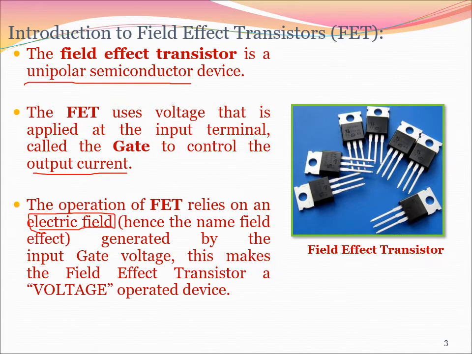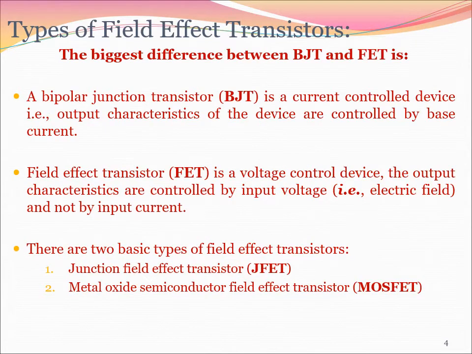That is why its name is field effect transistor, because you are actually using a field to control its output current. So the biggest difference between BJT and FET is that BJT is a current controlled device while FET is a voltage controlled device. We can also say that it is an electric field controlled device.